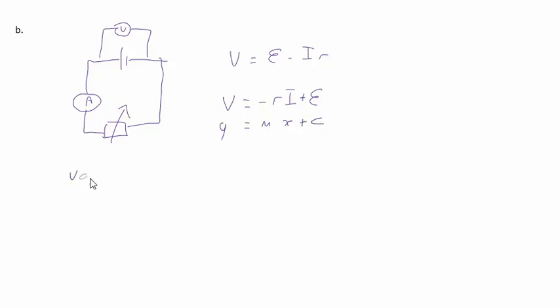So we would vary the variable resistor. We would record current and potential difference for several values.